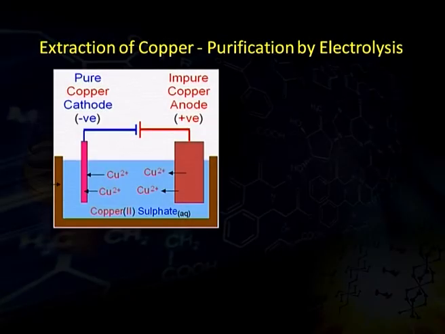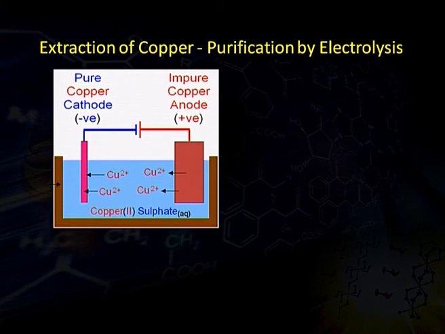The copper extracted from compounds by reduction with carbon is impure. Electrolysis can actually be used at this stage to remove the impurities and obtain the pure, elemental form of copper.